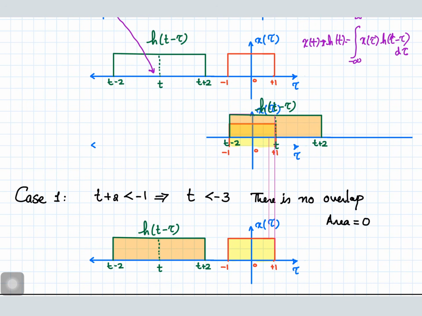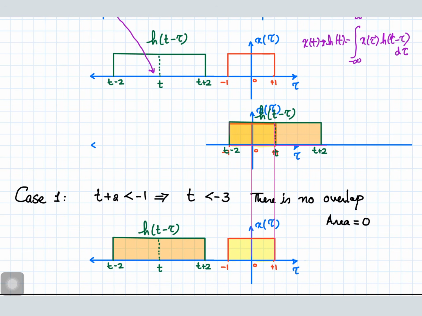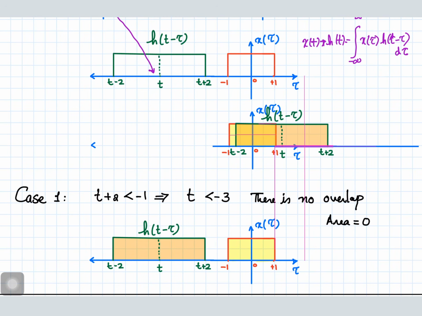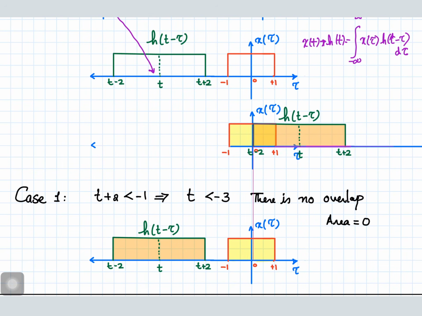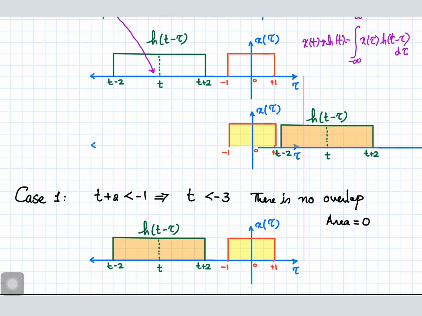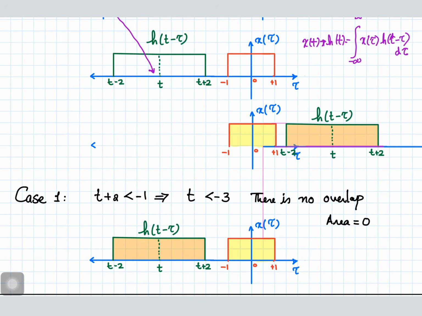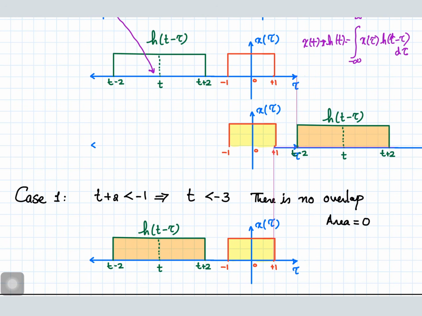After that, if I increase t, t minus 2 will be increasing, so the area overlap will start decreasing. And as t increases such that t plus 2 becomes equal to plus 1, the area overlap will become minimum, and as t increases further, t minus 2 will be greater than 1, and now there is no area overlap.